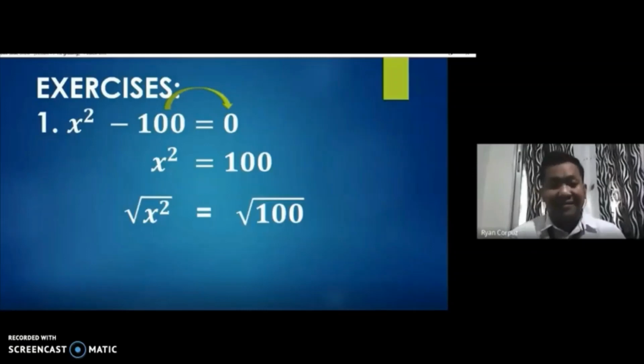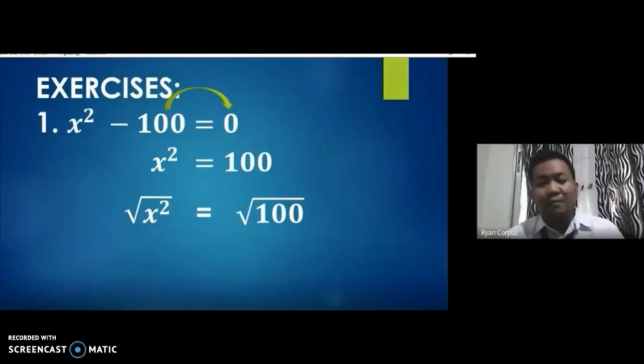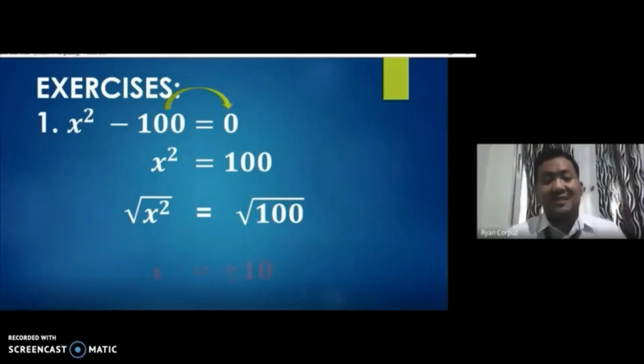But the truth is, the square root of a certain number is two numbers. That is the positive and the negative of the square root of that number. So for example, we do have the square root of 100. So the square root of 100 is not just 10. It's positive and negative 10.